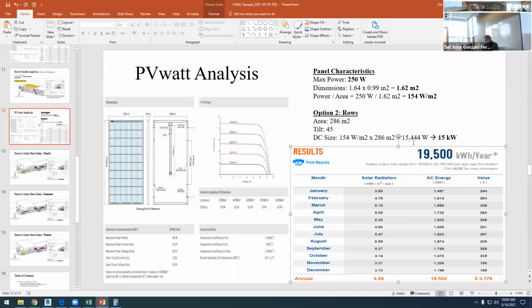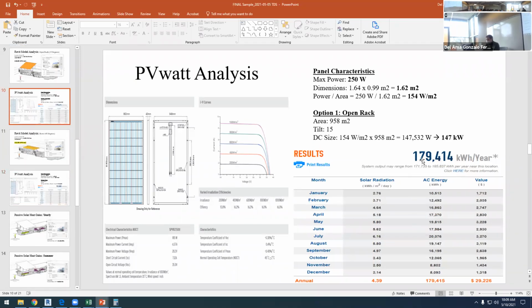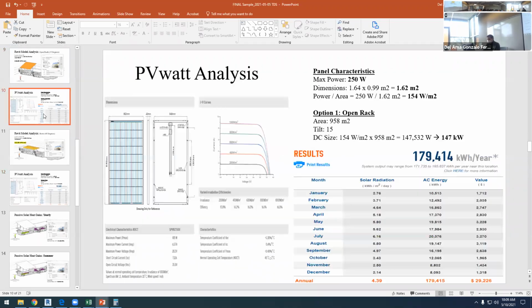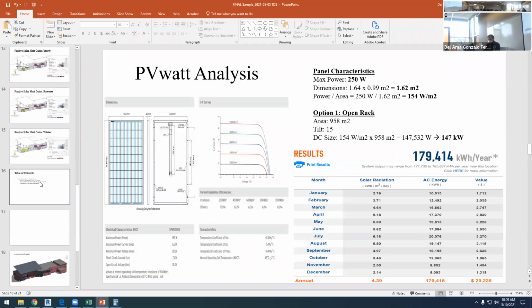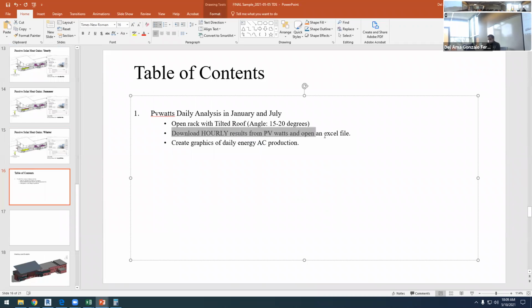But this number should be, okay. So this is 179, and this is 209. Well, something like that. So we have already done this, so that's why it's not included here. But now we have to download the hourly results from PV watts.